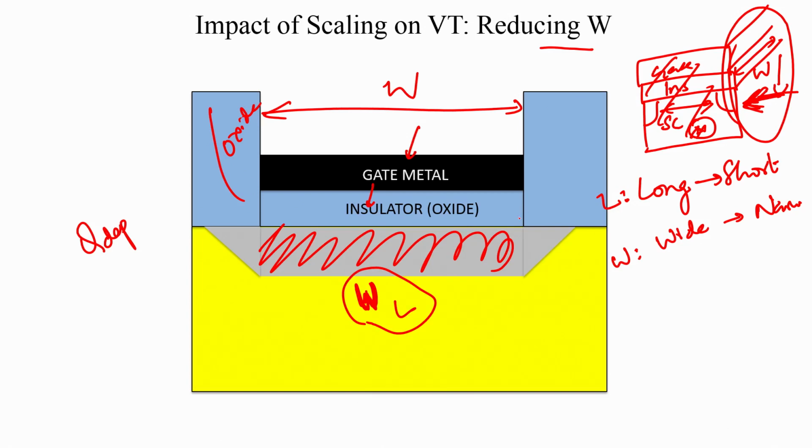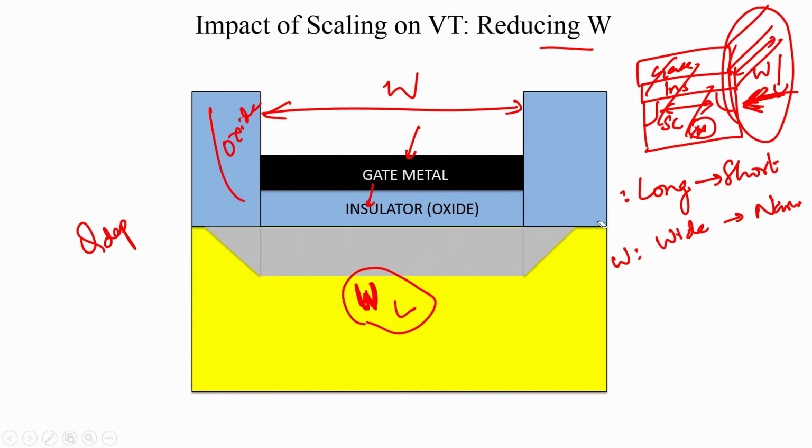But then because of the fringing in the field, you do have some field lines heading towards the sides, and therefore, due to this fringing of the field you are going to end up, whether you like it or not, depleting some excess charge on the sides.